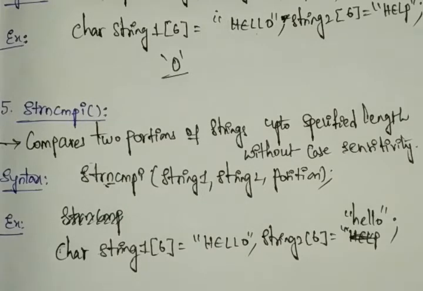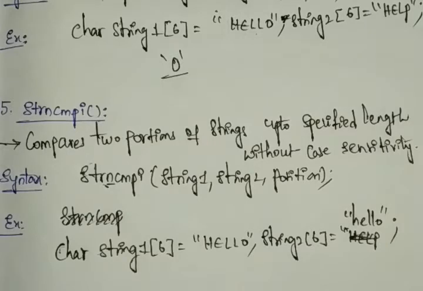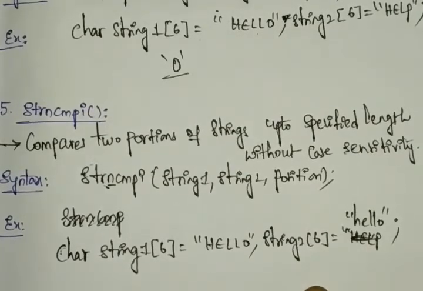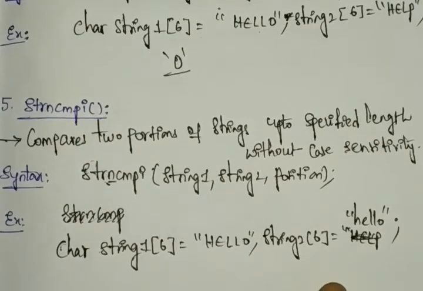But here the difference is the capital letters and the small letters, or else uppercase and lowercase letters. In this, it compares the first four characters of the values of string 1 and string 2, whatever values you have. Those 4 characters will be compared, and the case of the characters will not be considered.